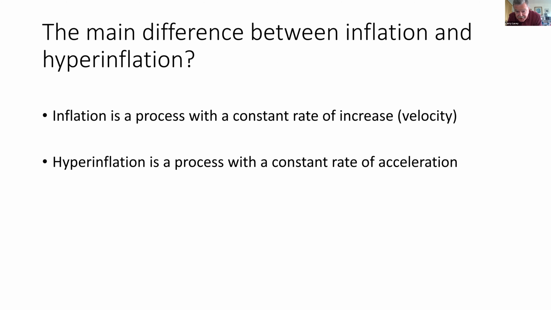With hyperinflation, you've got a constant rate of acceleration. The difference between velocity and acceleration. To me, that's the difference between price inflation and price hyperinflation. Needless to say, with price hyperinflation, there's only one way that can end.